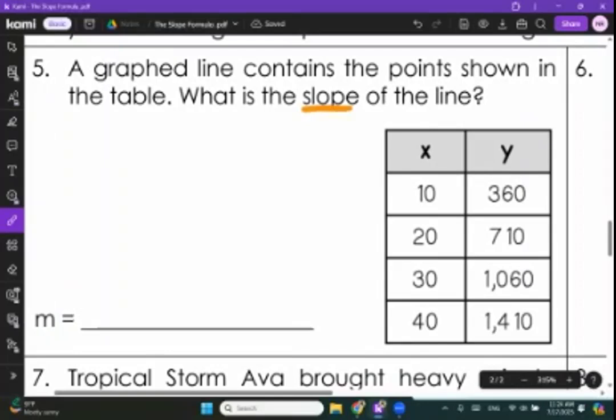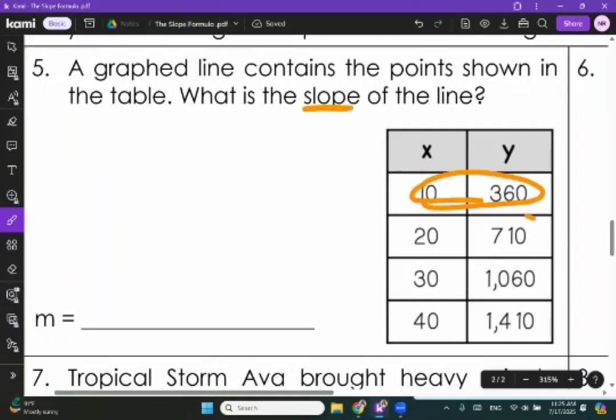I'm actually going to just use the first 2 points. There we go. So x1, x2, y1, y2.